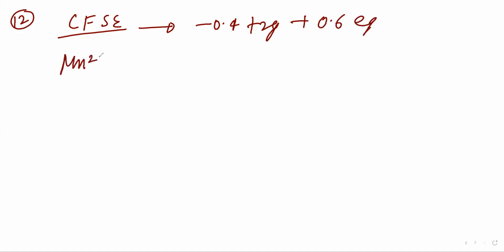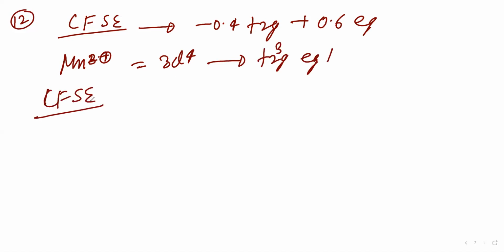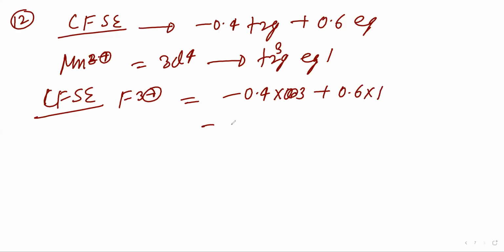For Mn3+ it is 3d4, so t2g3 and eg1. Next is CFSE for Fe3+. It will be minus 0.4 into 3 plus 0.6 into 1, which is minus 1.2 plus 0.6, so minus 0.6 delta.